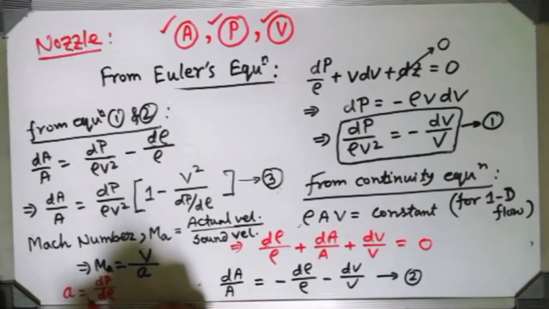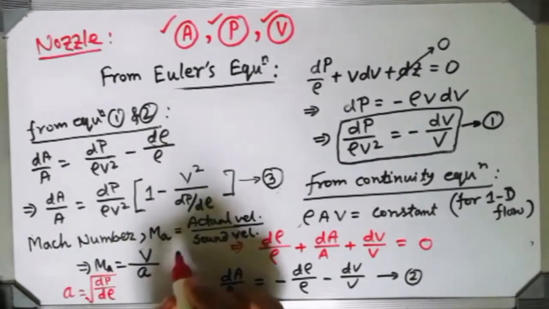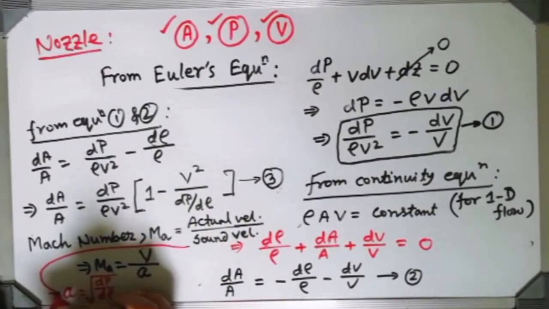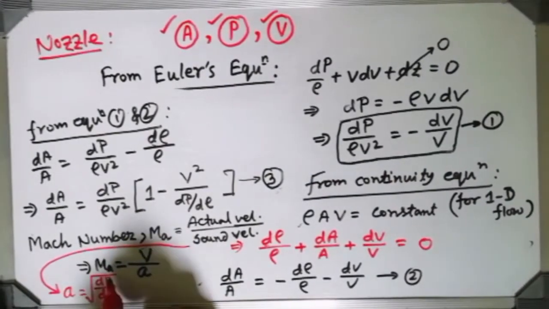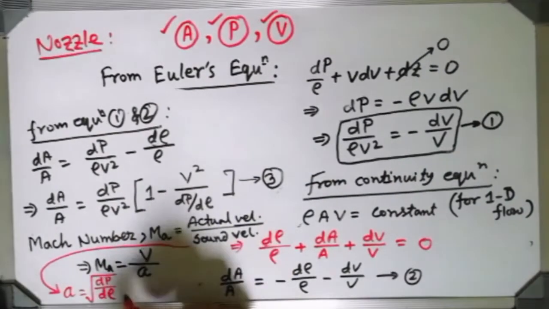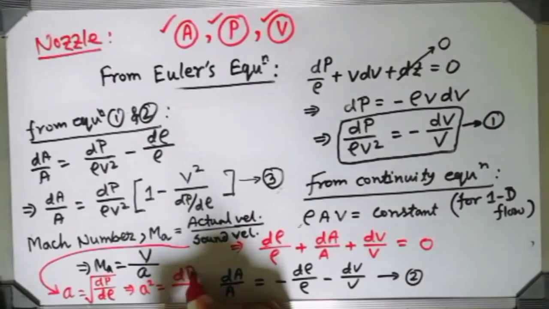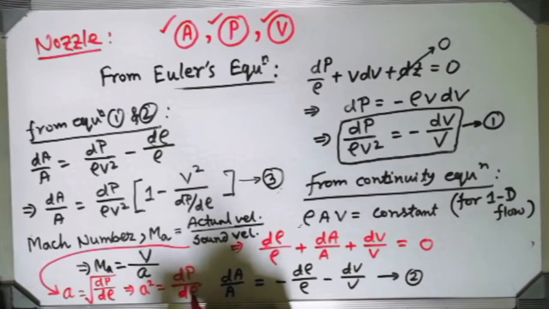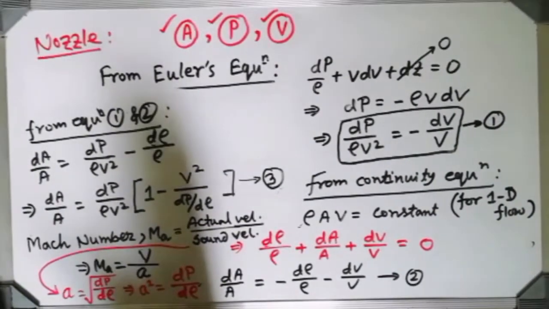That is the expression for sound velocity. It can be derived. a is equal to root of dp by d rho. So what does this give? a squared equals dp by d rho. That relation is very easy to derive, but it is not needed here.